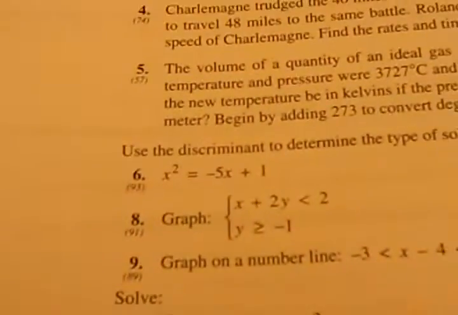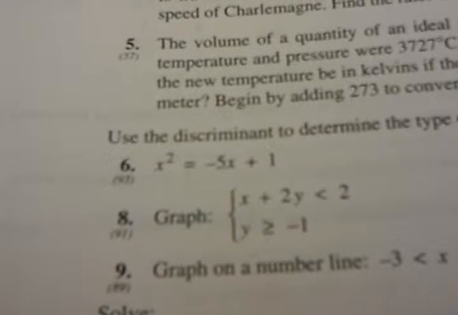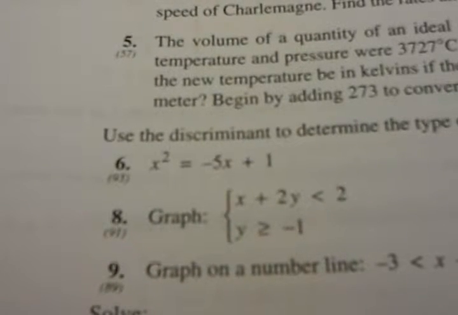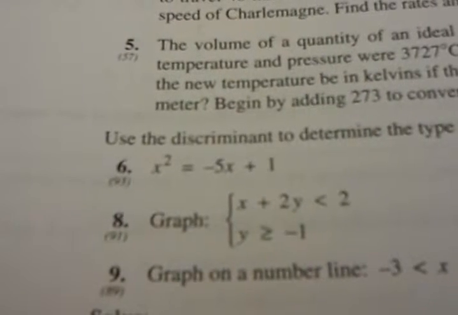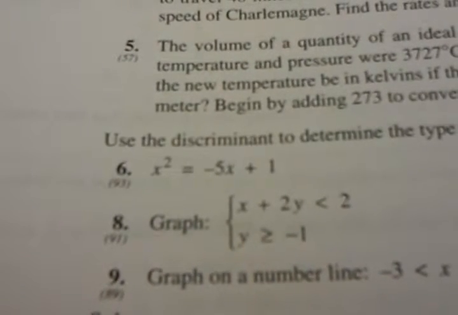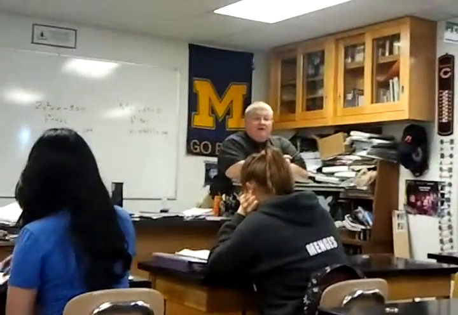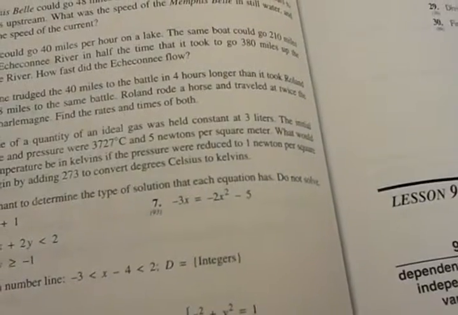What's the discriminant? Two real? Are you sure? You are correct. 2 real solutions. Number 7. 2 imaginary solutions. You are correct.